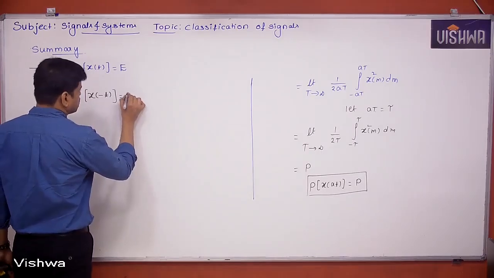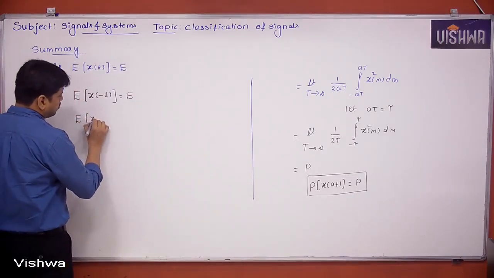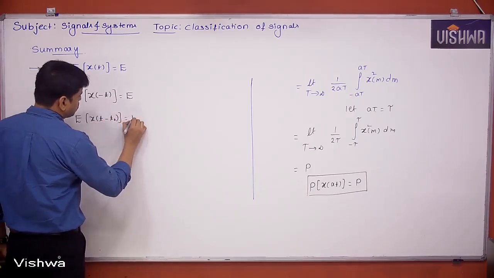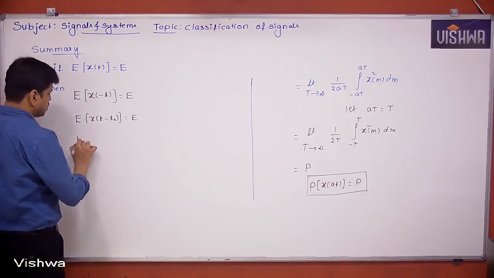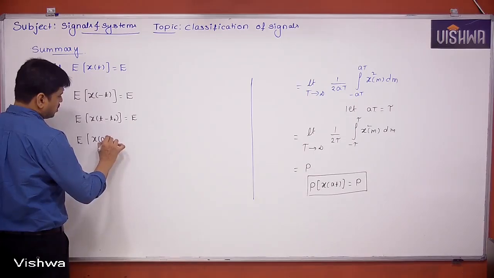Next, energy of x of t minus t naught. This is also E because time shifting also does not change the energy of the signal. Next, energy of x of at. This is what we know.